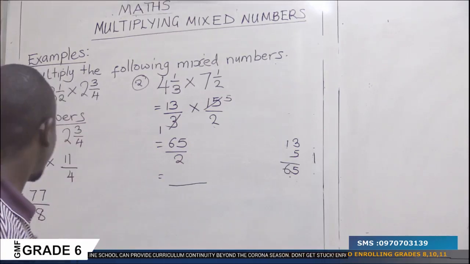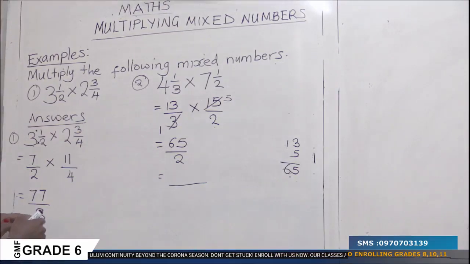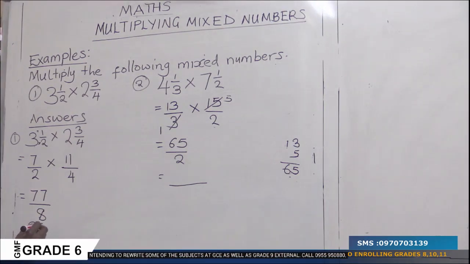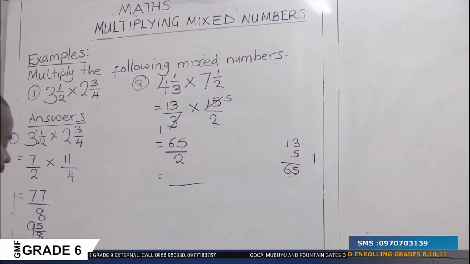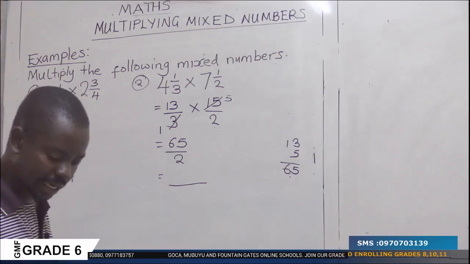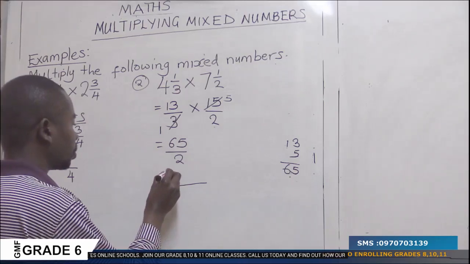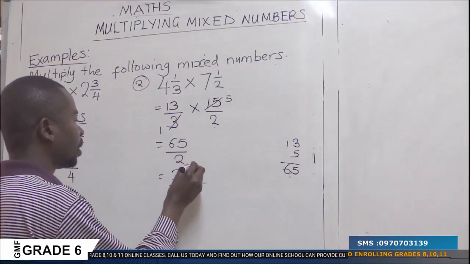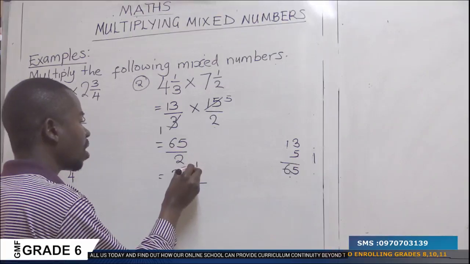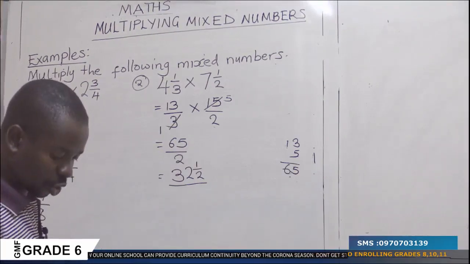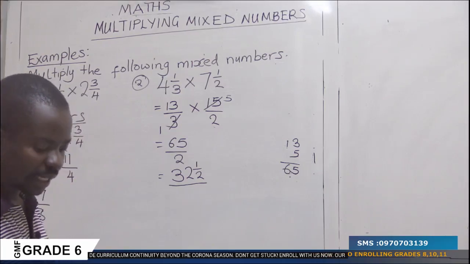So boys and girls, when you divide 8 into 77, the answer is 9, remainder 5 over 8. And then the next answer is 32, and the remainder is 1 over 2.